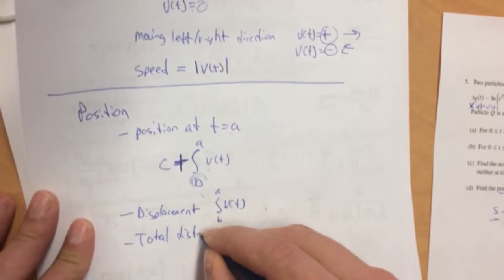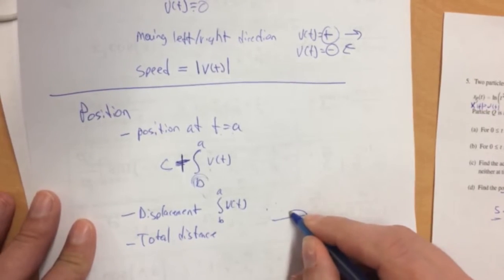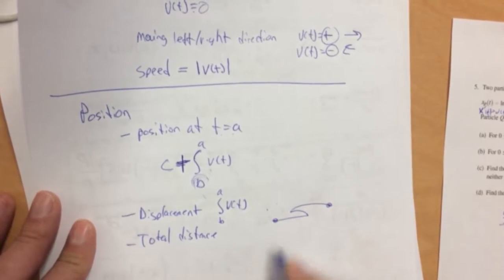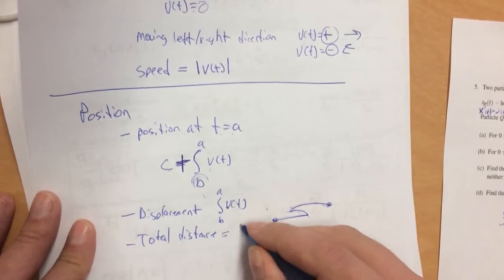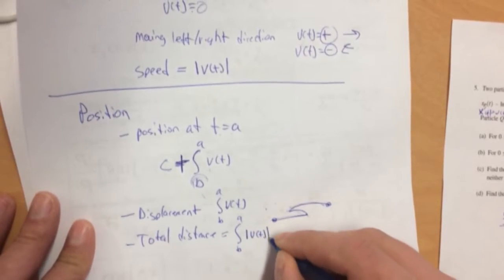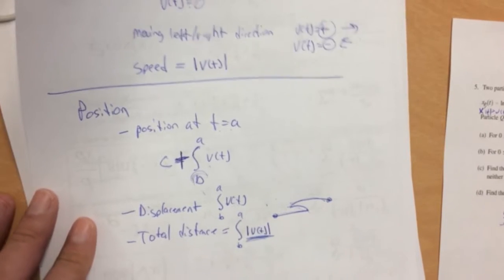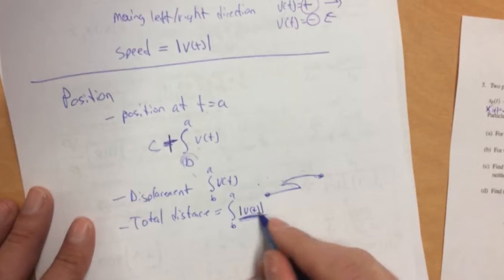Total distance is similar, except we don't care if it went forwards and backwards and then forwards again. Displacement is just this position minus this position, whereas total distance measures this whole path it took. And this is the integral of the absolute value of velocity. This is the total distance something traveled, because remember, this is the speed. And if we just add up how long it went times the speed, that will give us the total distance traveled.